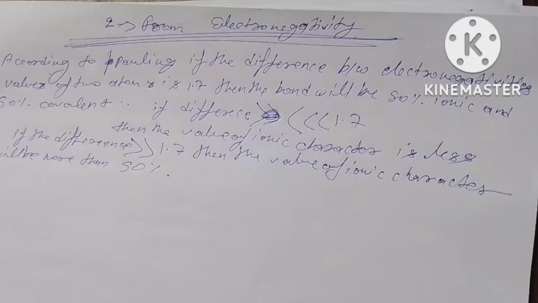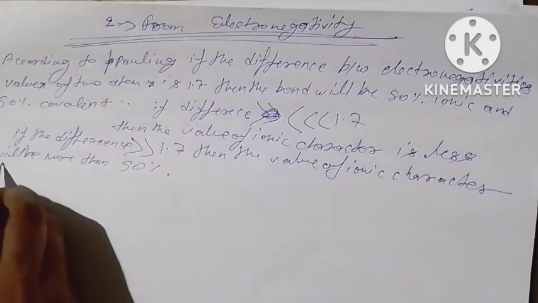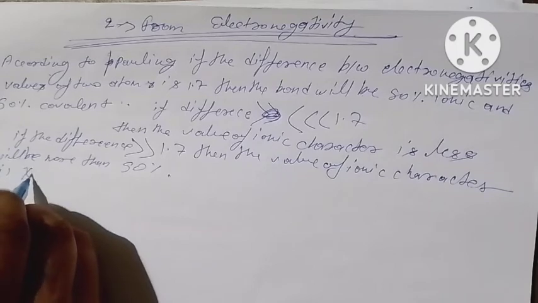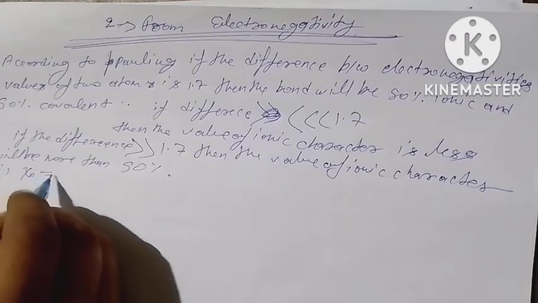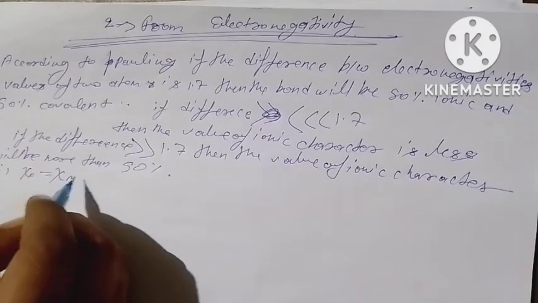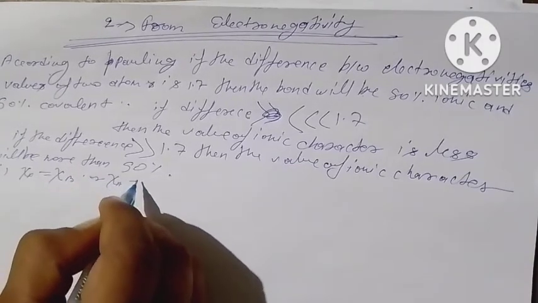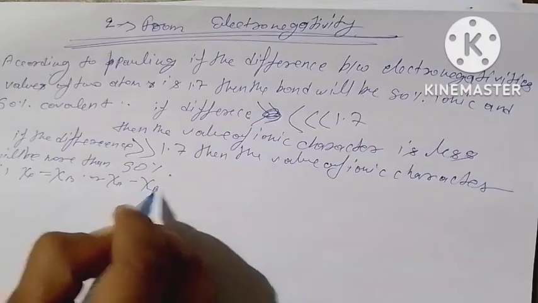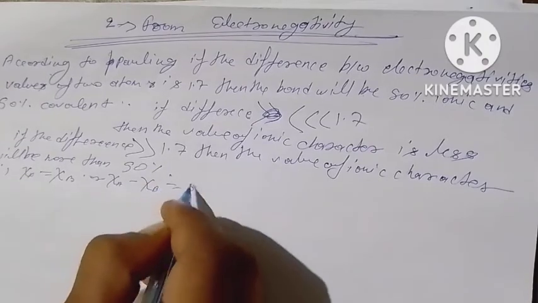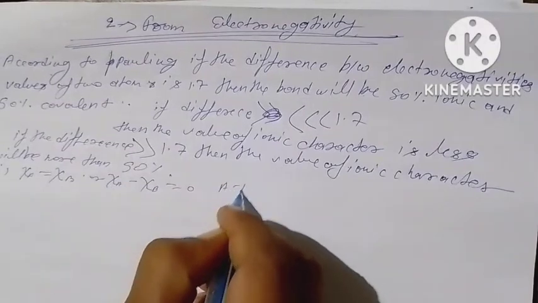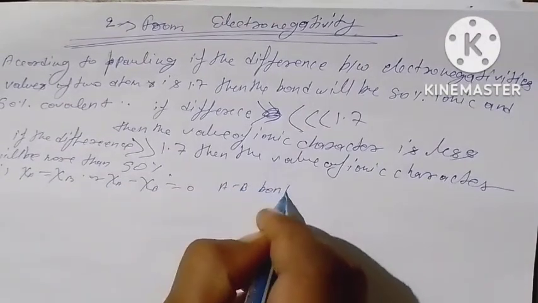The prediction of percentage ionic character and nature of a bond in every molecule can be given with the help of electronegativity values of A and B atoms as follows. First point, when chi A equals chi B, or chi A minus chi B is 0, then the AB bond is non-polar.